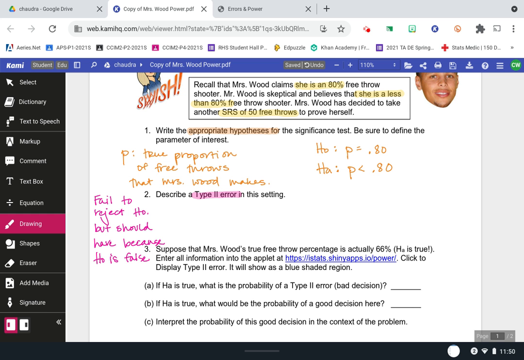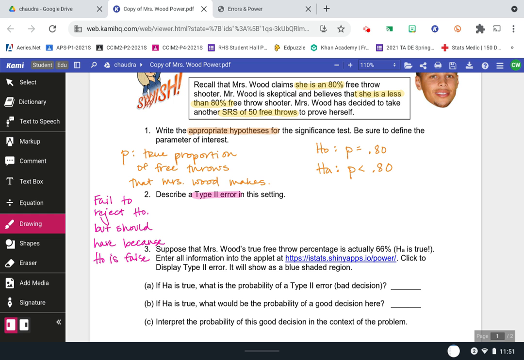So we have to start there, and then once we know that in our head, we can go ahead and write something in context. So if we didn't reject the null hypothesis, then we think that Mrs. Wood is an 80% free throw shooter. Okay?